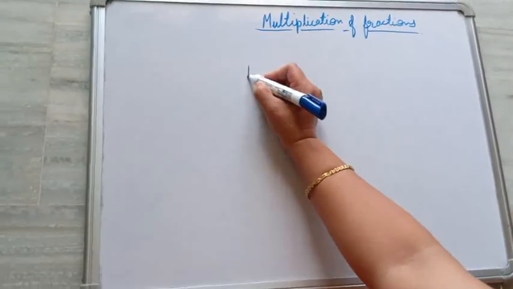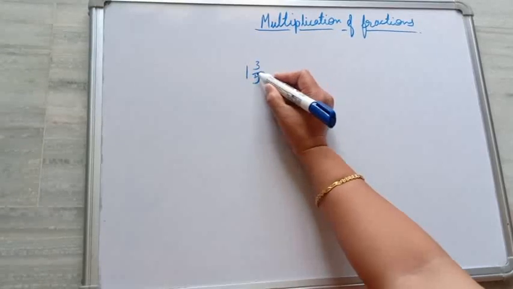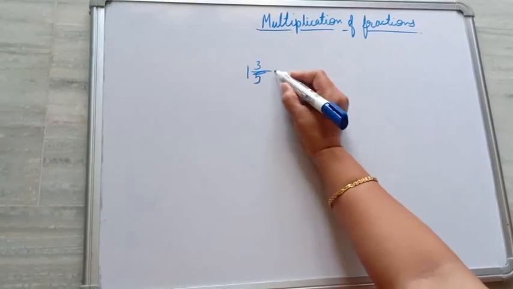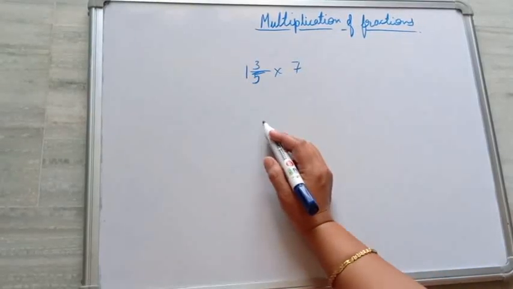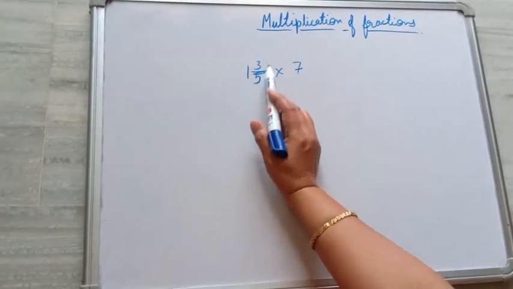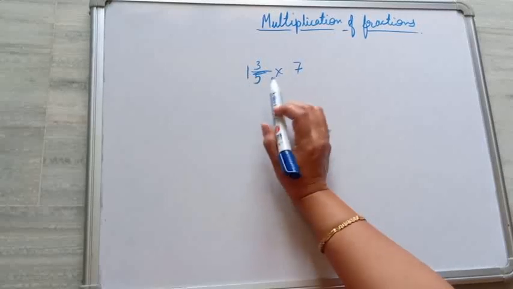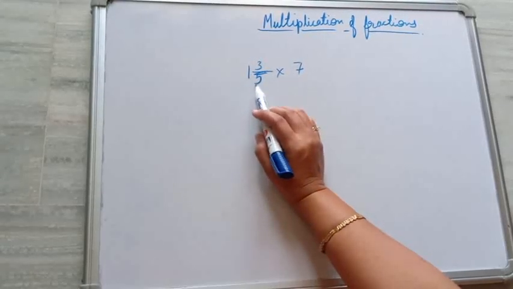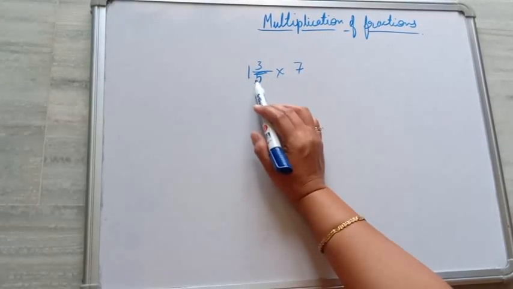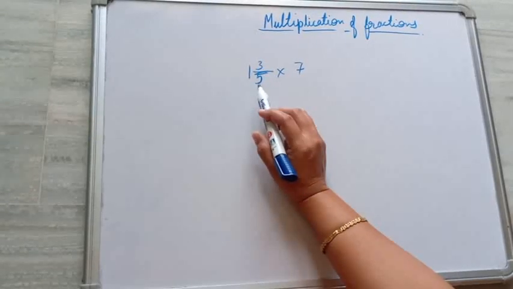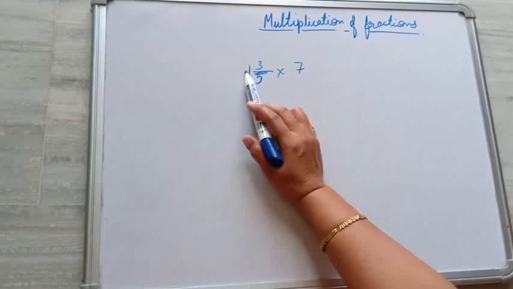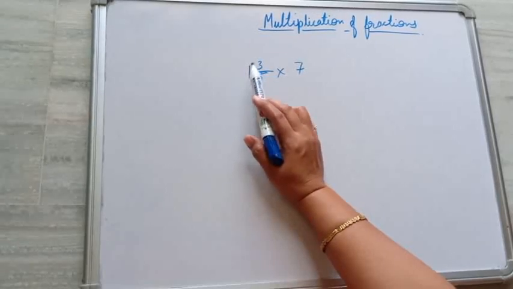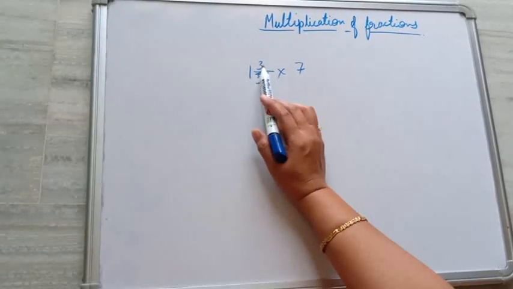Take another example. 1 3/5 multiplied by 7. This is a mixed fraction. We have to convert it into an improper fraction and then we can multiply it. So first convert it into an improper fraction. We multiply the denominator by the whole number and add 3 to it.